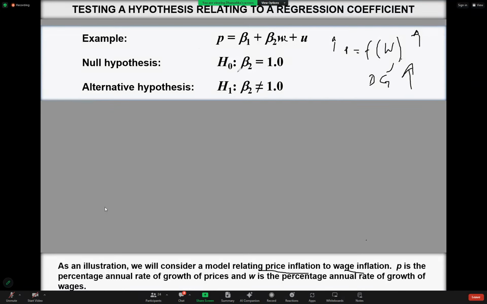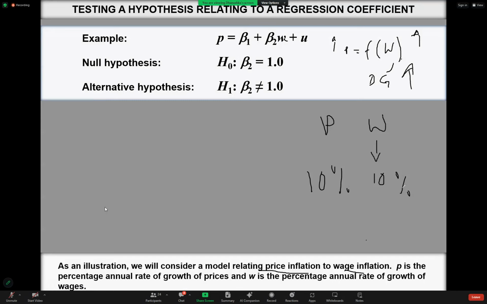Now let's say you want to test whether there is an exact relationship between P and W. That means, let's say you want to test whether if wage increases by 10%, price also increases by 10%.